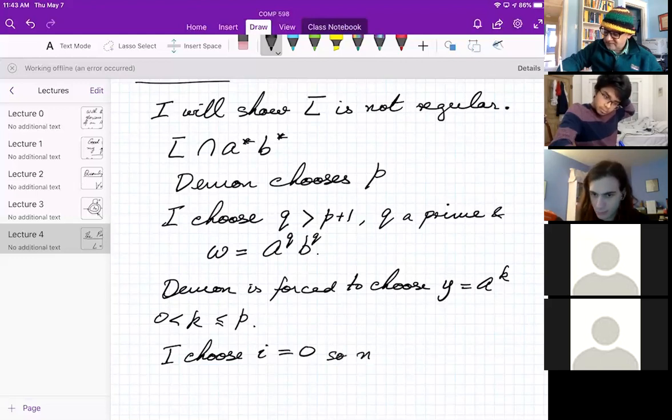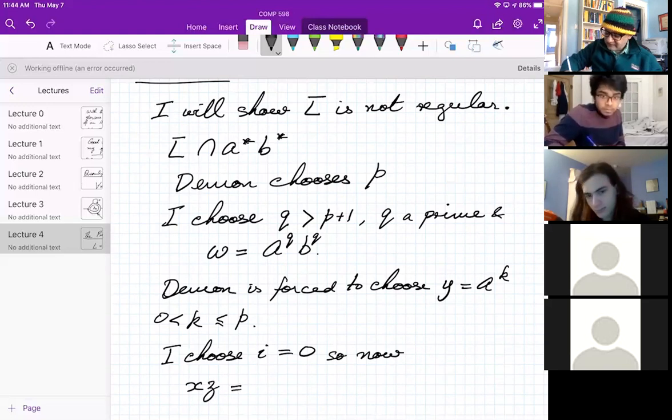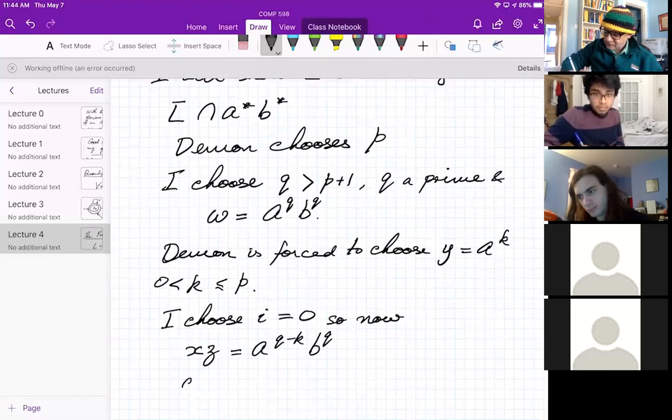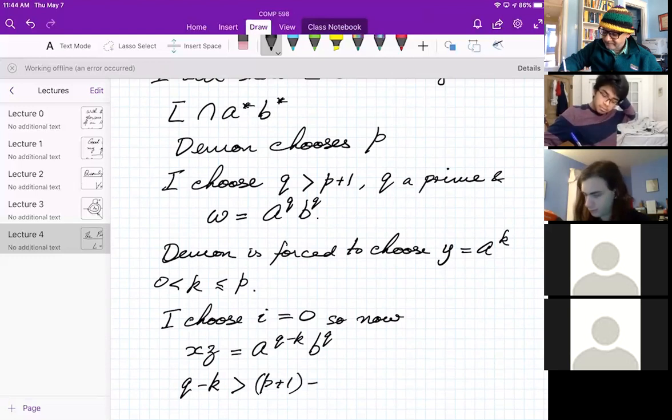So now we have xz, because we've just eliminated the y by setting i to 0, equals A to the Q minus K, B to the Q. So note Q minus K is greater than P plus 1 minus K. Why?